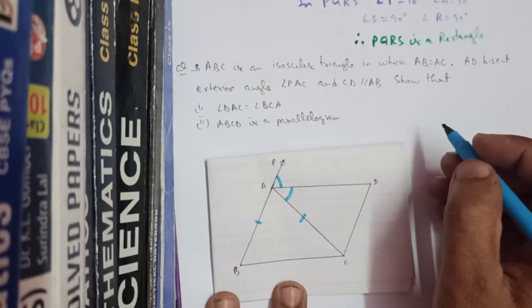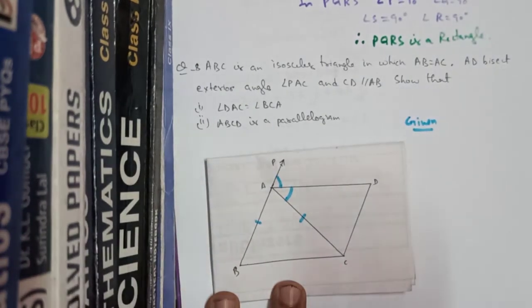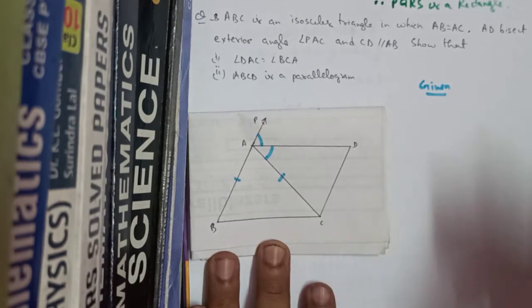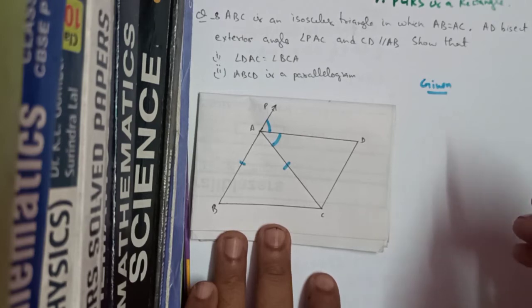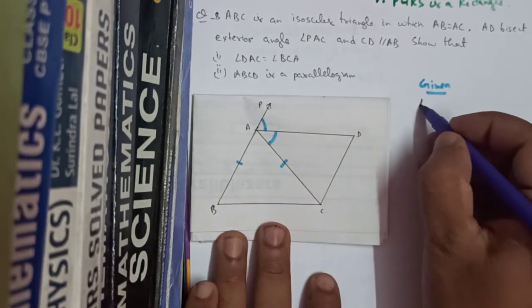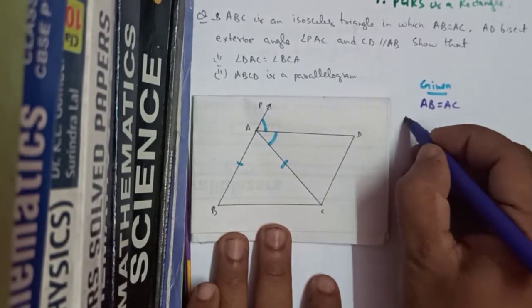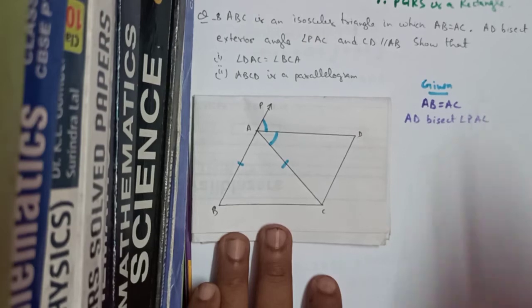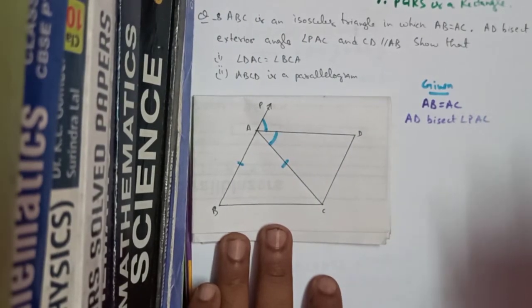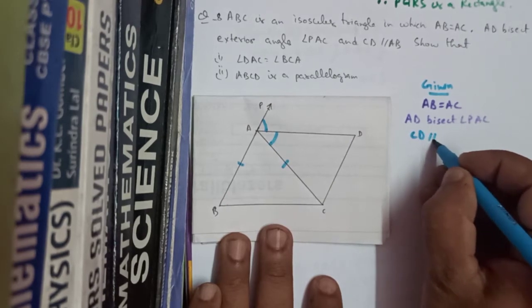First of all, let me write the given. It is given that triangle ABC is an isosceles triangle in which AB is equal to AC. AD bisects angle PAC, that means PAD and DAC will be equal, and it is also given that CD is parallel to AB.